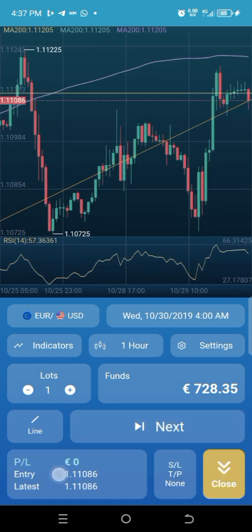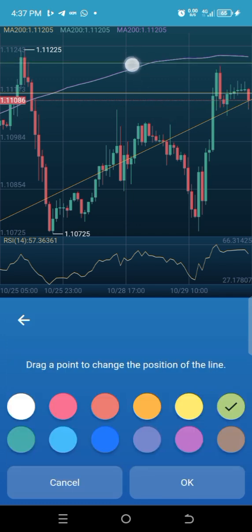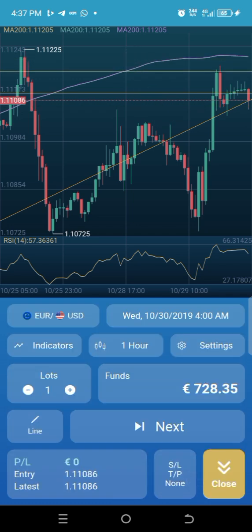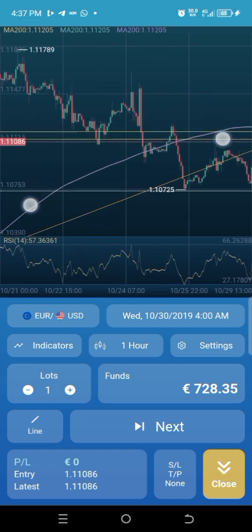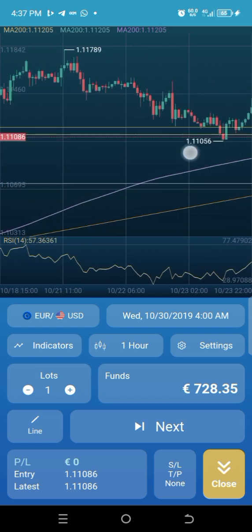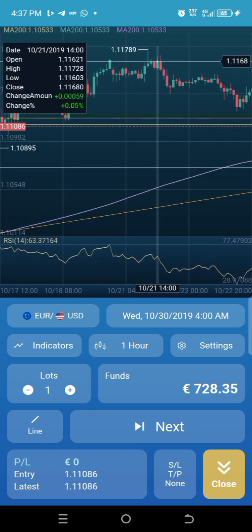Sell bias, stop loss above this, around here. Candle, what? RSI. I sometimes forget the RSI. 63.